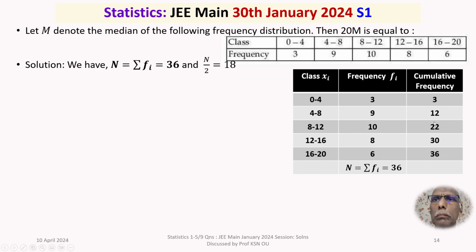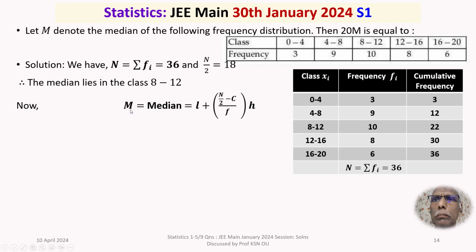So go to the cumulative frequency and find which cumulative frequency is equal to n by 2 or greater than n by 2 for the first time. That is 22. And the corresponding class will be the median class, that is 8 to 12. So the median lies in the class 8 to 12.